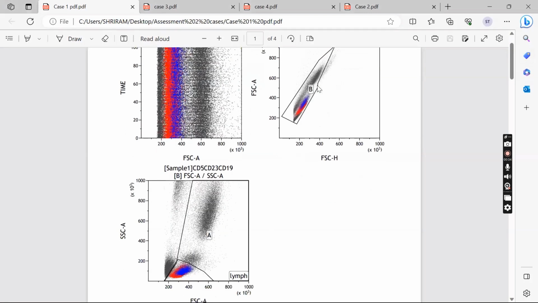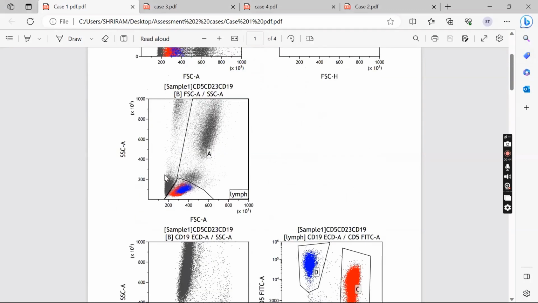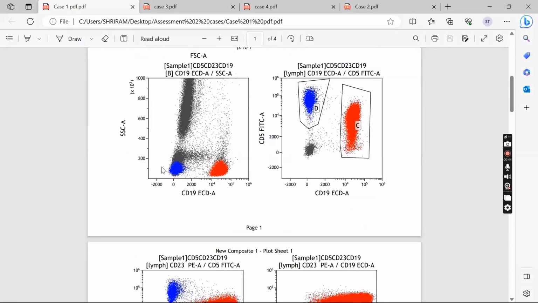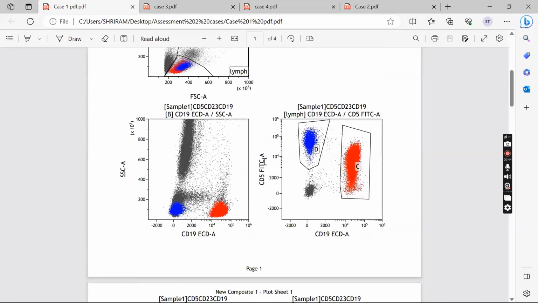Right. So we'll just quickly finish off the assessment cases before we go ahead for today's lecture. This is the first case, and I'm just going to discuss the PDF, which has been given to you. First is the time plot to check for stable acquisition, then selecting only the singlet population for further analysis.